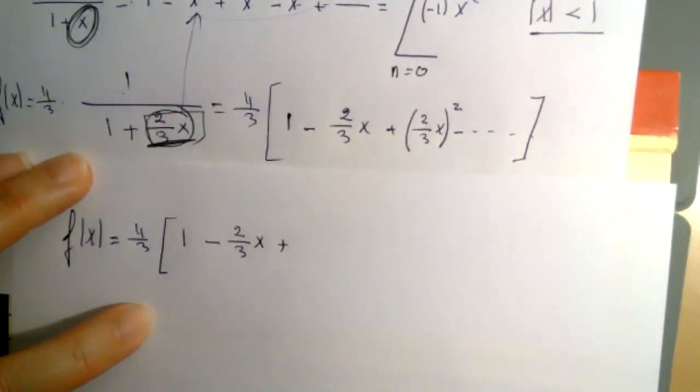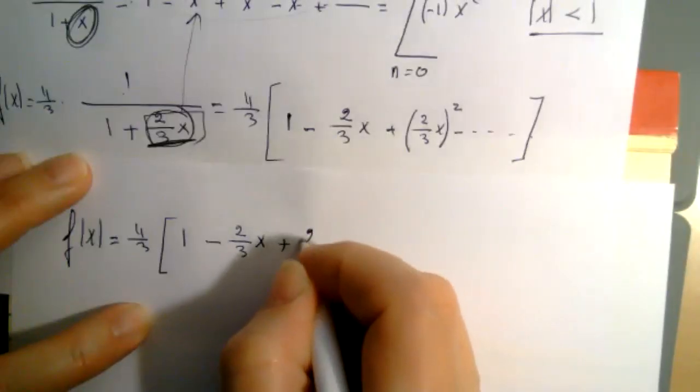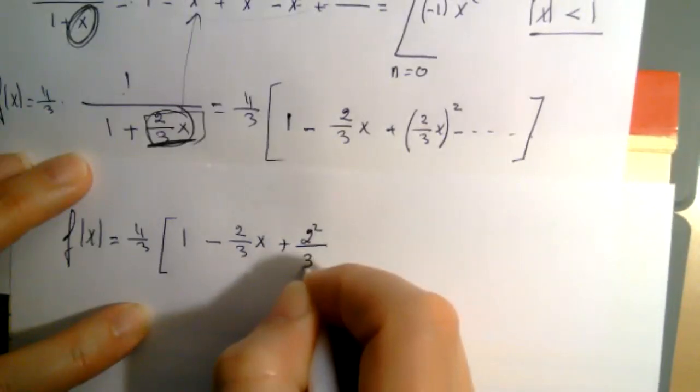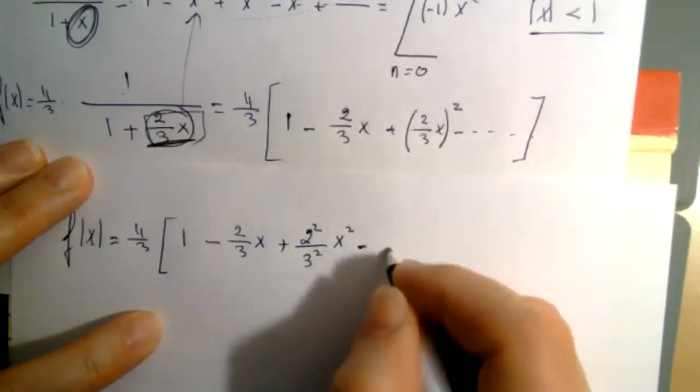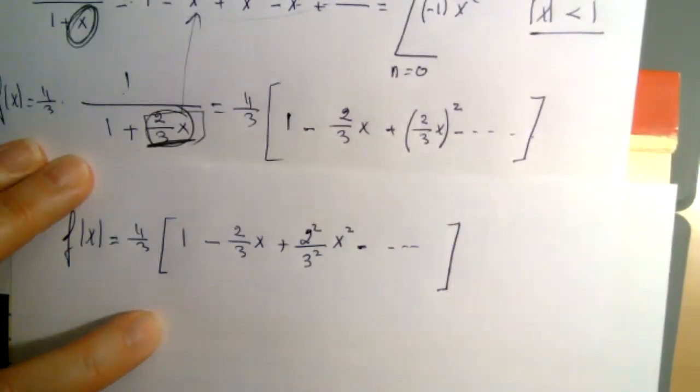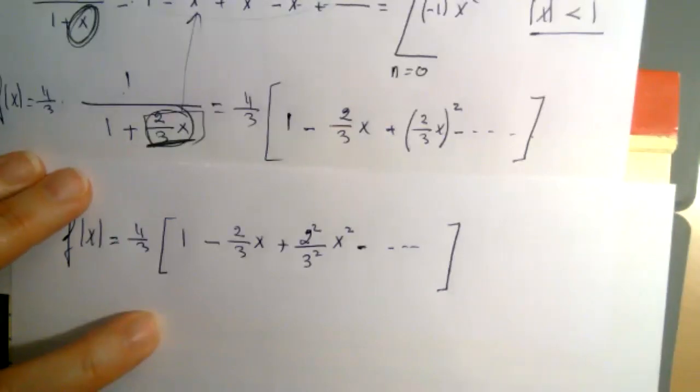It means you multiply by itself twice. So this is going to give me 2 squared over 3 squared x squared. Now I know 2 squared over 3 squared is 4 over 9, but I want to keep it because usually we like patterns. So that's writing up the terms.